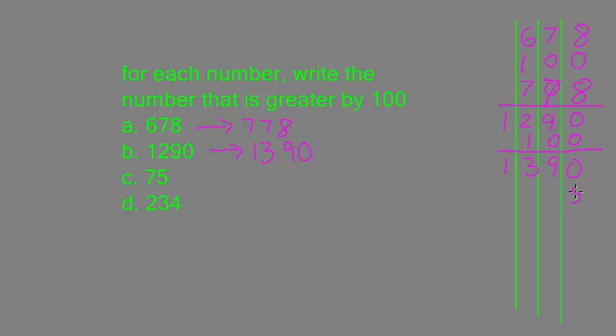Next one is 75. Now here you notice that this number only has 2 digits. So we're going to use 0 as the hundreds. That means you line up 100 this way. So now you have 0, 100 plus 100 is 175.